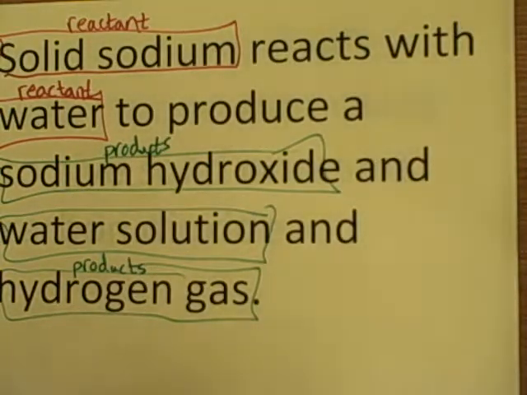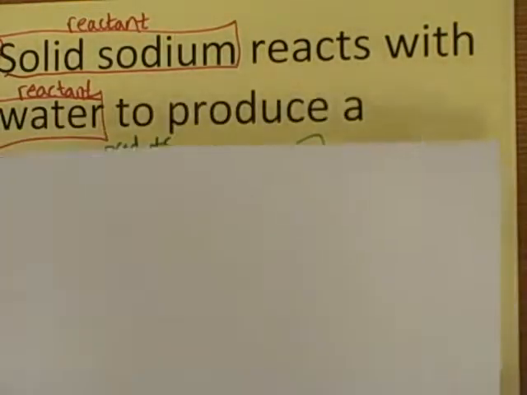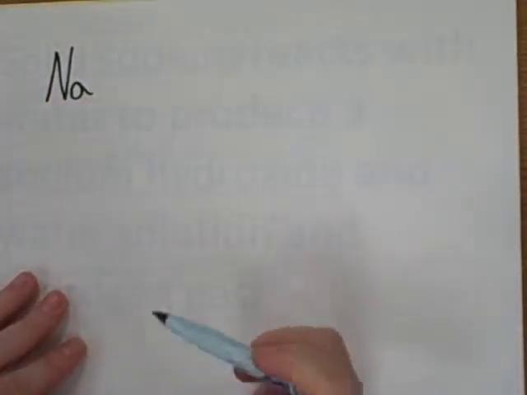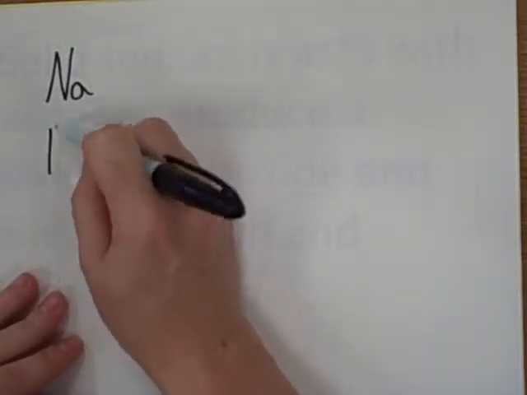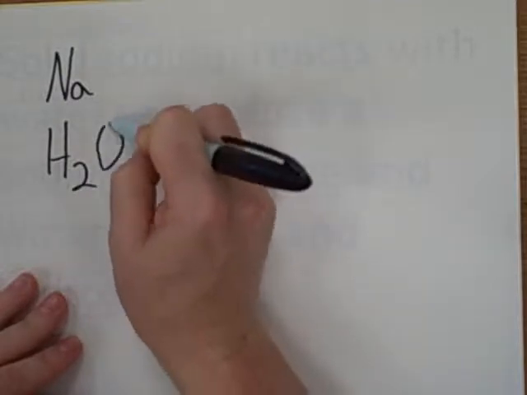So first thing we need to do is to write down our formulas for our reactants and our products. So solid sodium is just Na, the element Na, all by itself. And then water is the other reactant, so H2O.